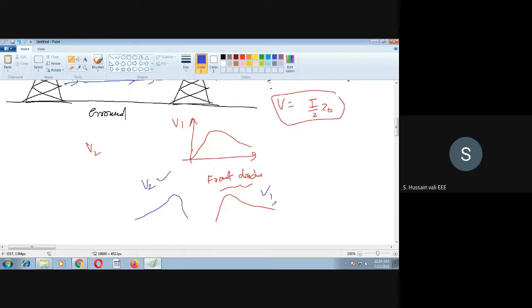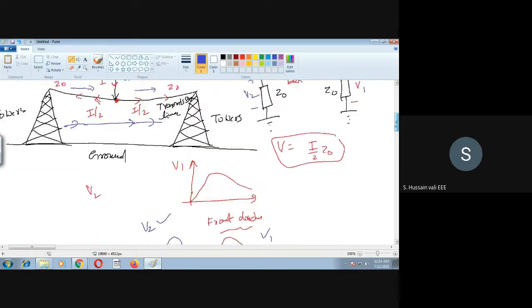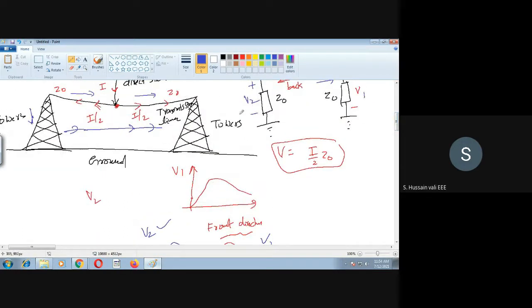And then you see in this path, you recall now, in this entire path you may find some resistance, which you call footing resistance, or you may have some inductance also there, the inductance of the system.